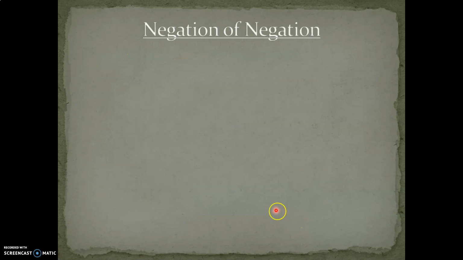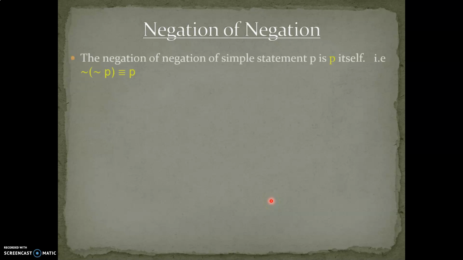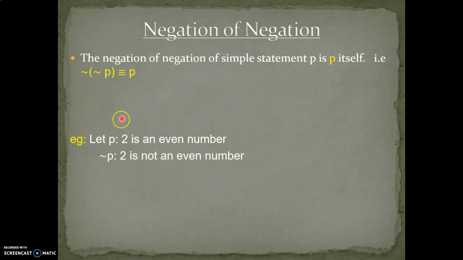Next is negation of negation. The negation of negation of simple statement P is P itself. That is, negation of a negation statement is equivalent to the statement itself. Example, let P be 2 is an even number. So only one statement we require here. Now negation of P is 2 is not an even number.